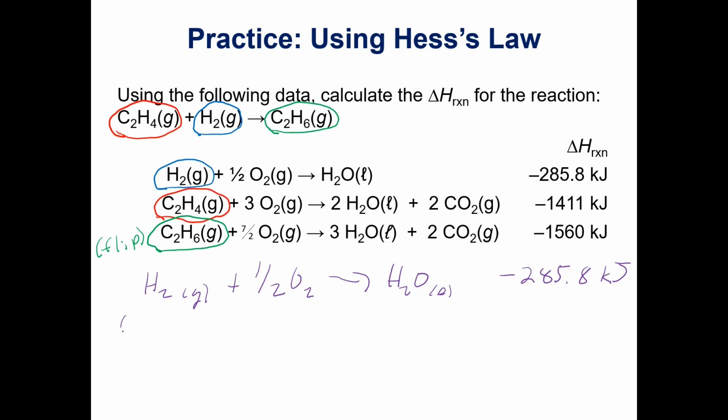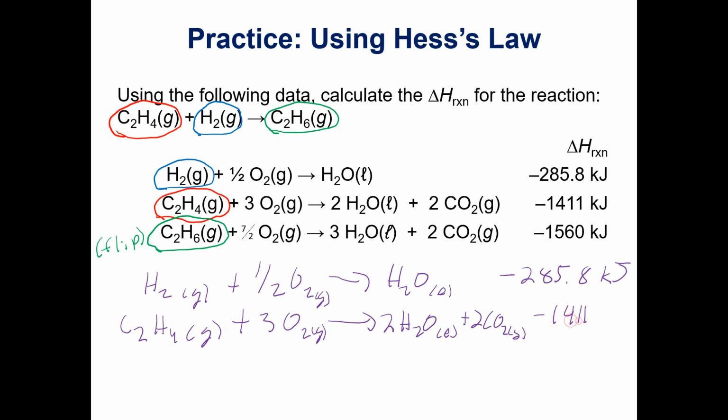Then our second reaction, we have C2H4 as a gas plus 3O2 as a gas yields 2H2O plus 2CO2, and delta H for that reaction is negative 1,411 kilojoules.